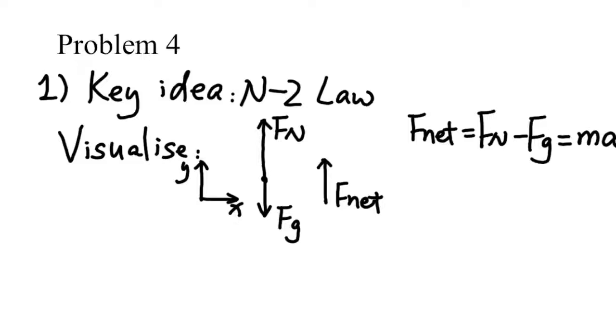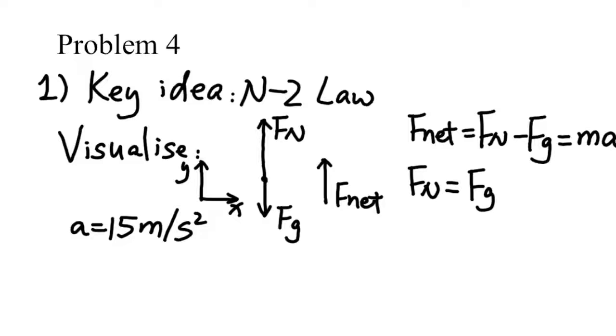And then we know that the acceleration is given, which is 15 meters per second squared. So the normal force equals Fg plus ma. And the gravitational force equals mg, and we know that g is 9.8 meters per second squared.